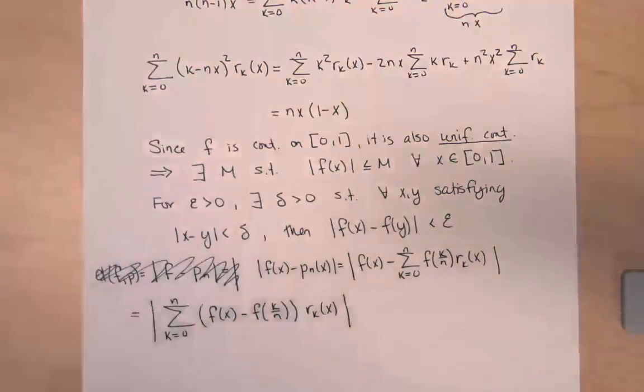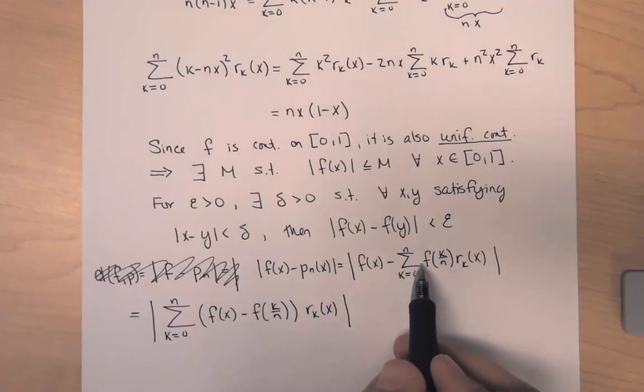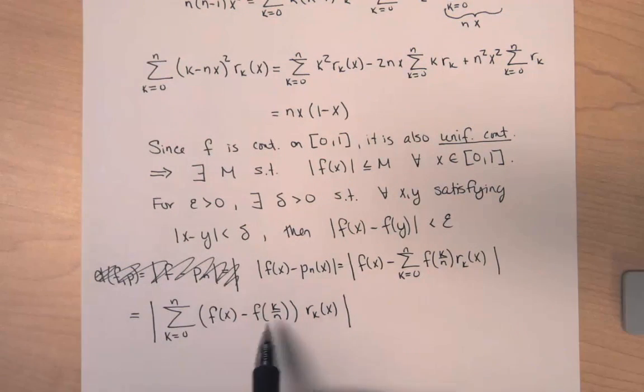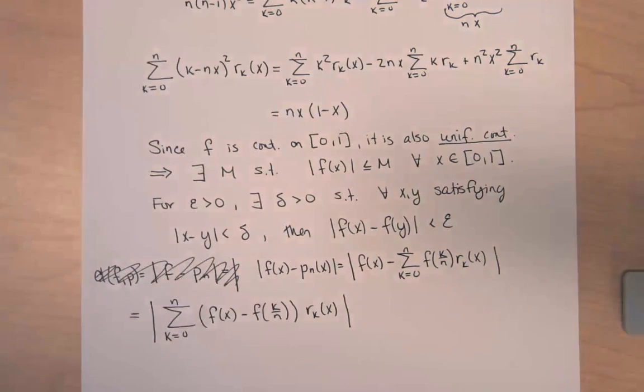Now why can I put f inside of here? Well, imagine if I separated this, I'd have the sum of f times rk. Because this f is not indexed, I can factor it out, and the sum of rk is 1, as we've already established. Now let's take a look at this difference.